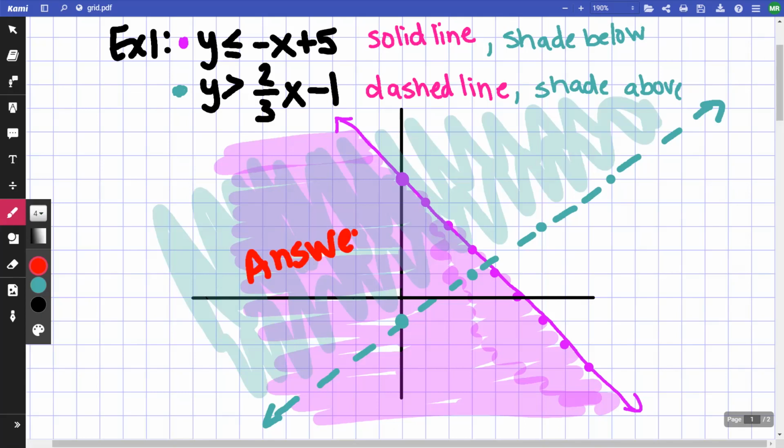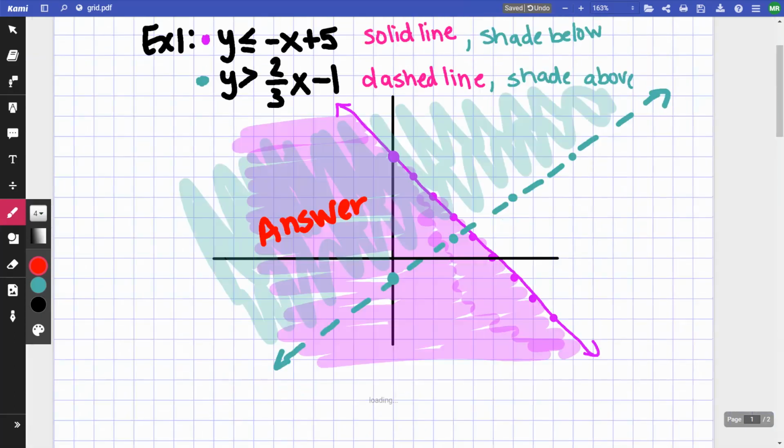Our answer is here. So again, sometimes I'll teach, like I am right now, that you're going to shade one inequality in one color, the other inequality in the other color, and then where both colors are, that's going to be your final answer.